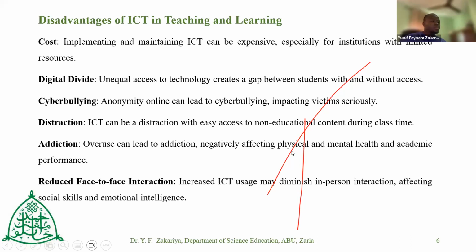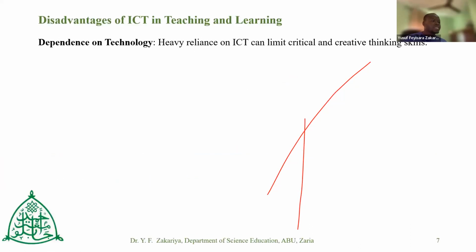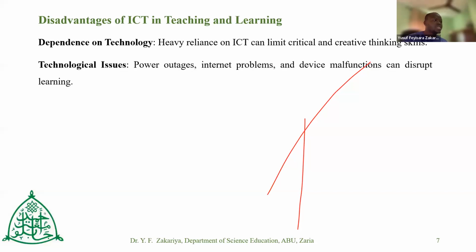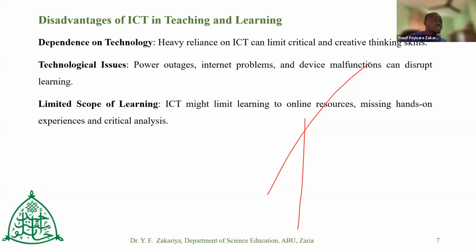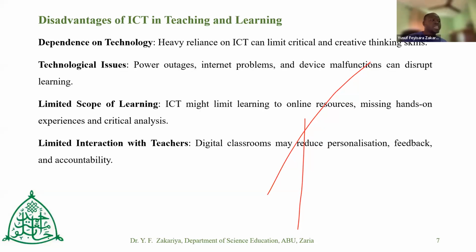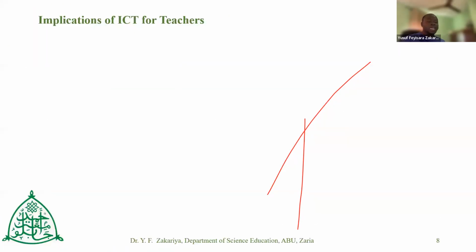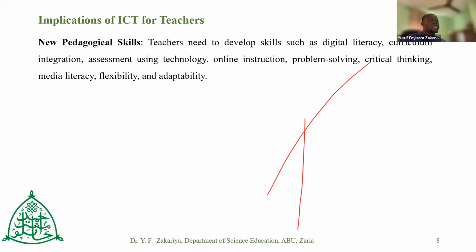So again, we also mentioned in our last class as disadvantages of using ICT: dependence on technology, technological issues, limited scope of learning, and limited interactions with teachers. And we also reviewed some issues regarding the implications of using ICT. As teachers, you need to equip yourself with new skills when you are incorporating ICT in your teaching and learning process.